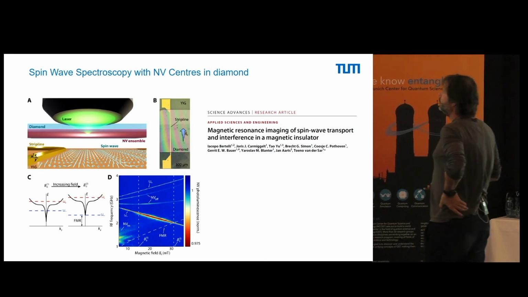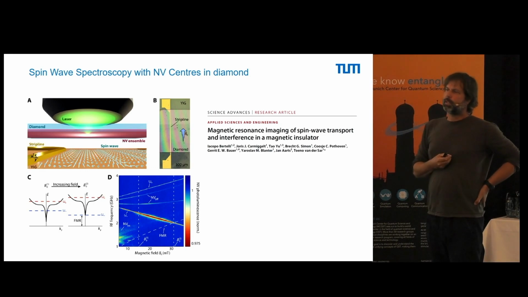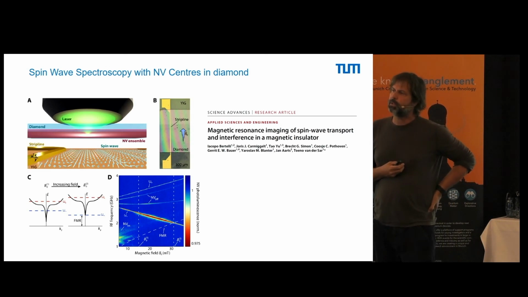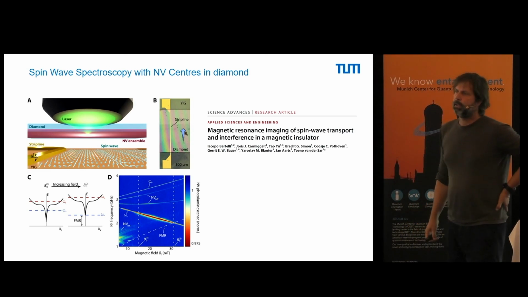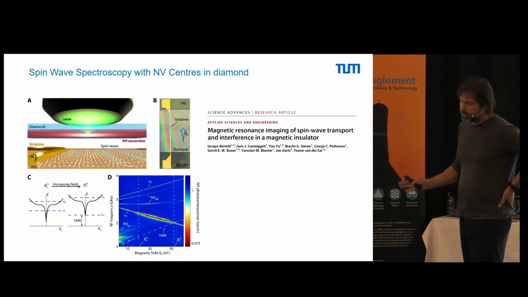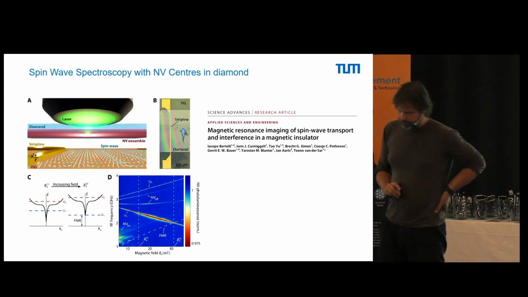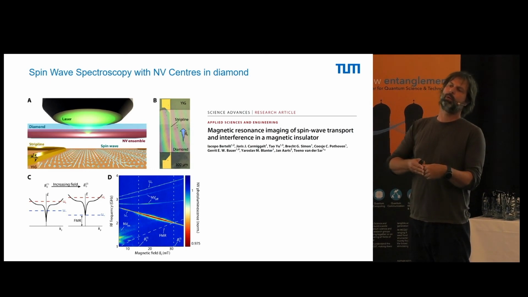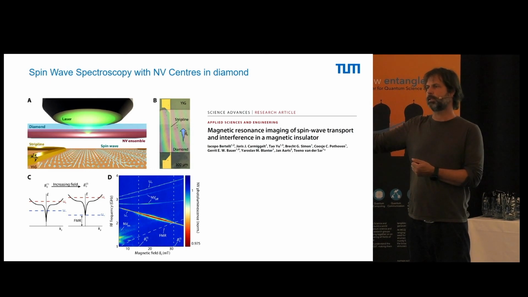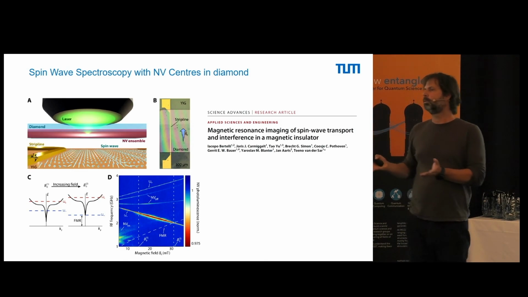Yes. That's also the reason why we use YIG, because this is the material with the lowest damping in the universe so far, at least. There are some other materials that would work at very low temperatures, but this is the one where we know that spin waves travel over millimeter distances. Now, to determine damping, you can do various things.